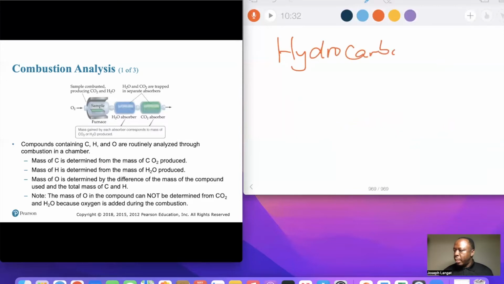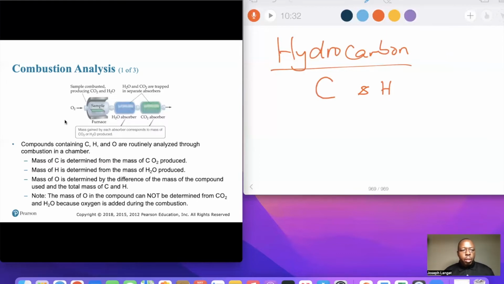For the most part, you'll be given combustion of a hydrocarbon, which means they contain what? Carbon and hydrogen. Compounds which contain carbon and hydrogen are called hydrocarbons.